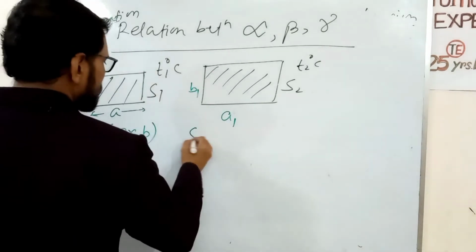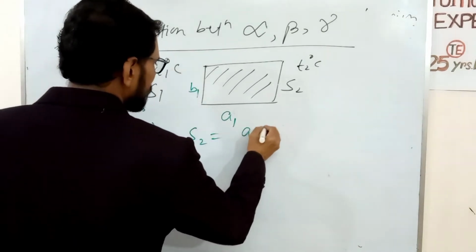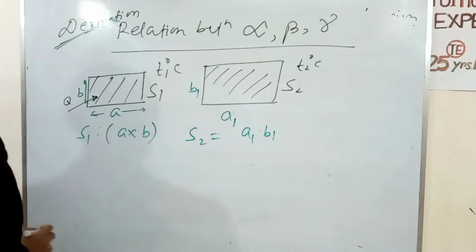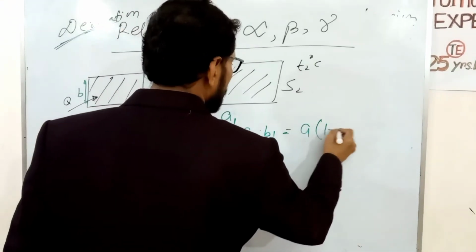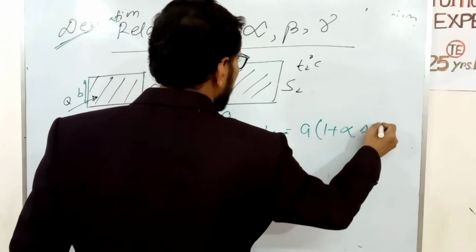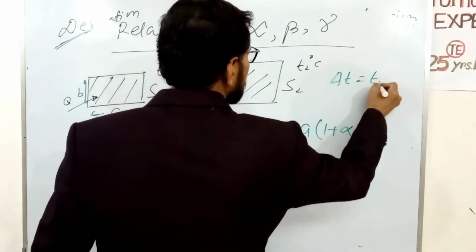Now what is S2? S2 equal to A1 into B1. Now what is A1? A1 equal to A into 1 plus alpha into del T, where del T equal to temperature rise T2 minus T1.